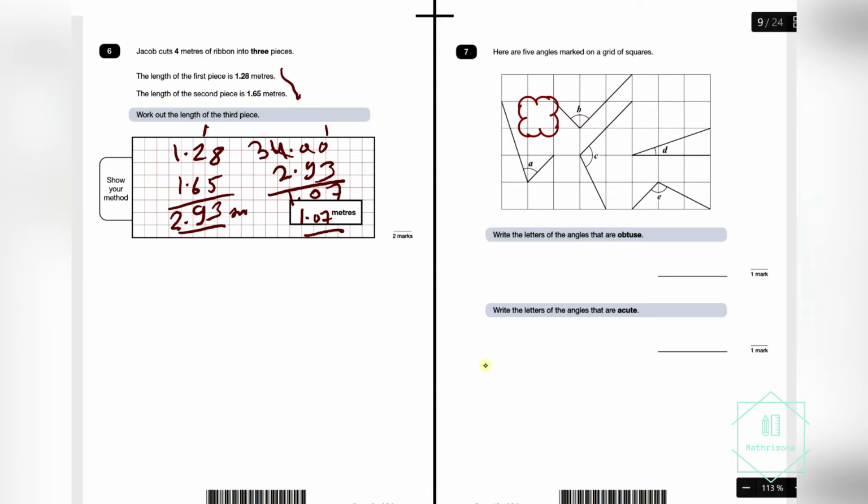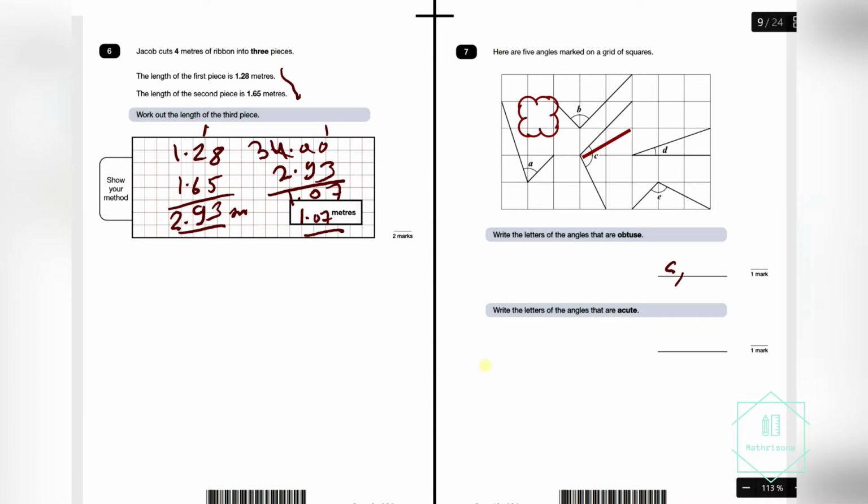This is covering 2 squares and this is covering 1 square. Ideally, this should be our 90-degree angle, but it is more than 90. So one angle is C, which is obtuse.